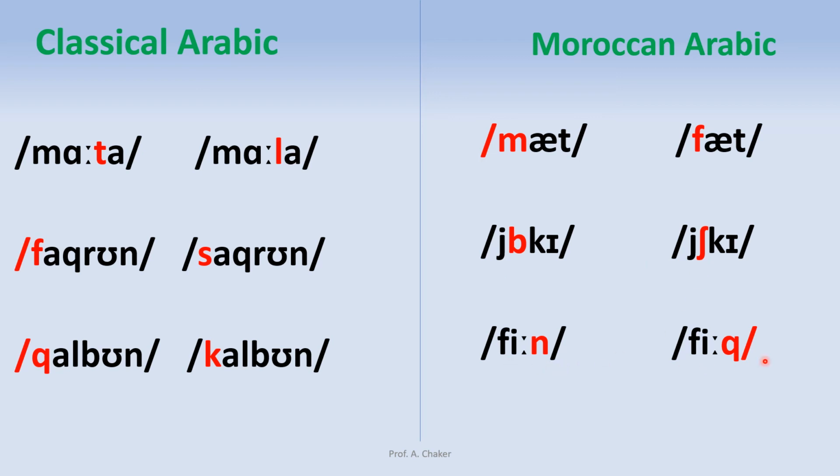Fin, fiq. So n and q are phonemes. Okay? You can find as many examples as you want. Think about Berber, those students who speak Berber. Okay? Find minimal pairs in this language. In this way, you can understand minimal pairs better and better.